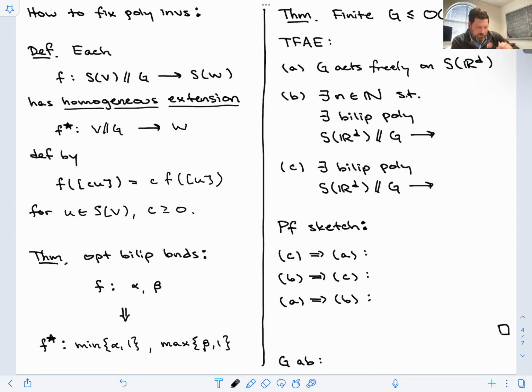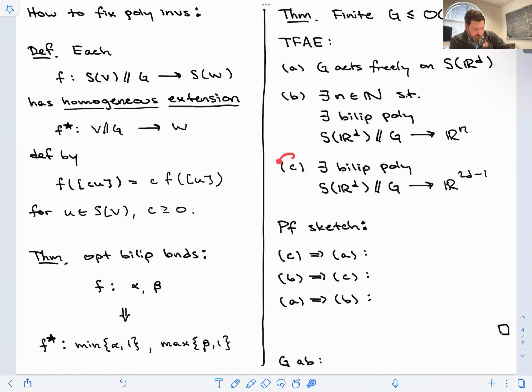B: if G acts freely, there's going to be an n for which there's a Bilipschitz polynomial that sends the sphere in Rd mod G to Rn. Okay, so there's some choice of n polynomials that act Bilipschitzly on the sphere. And C: you can actually take n to be 2d minus 1. Okay, these three statements are equivalent. And let me walk you through the idea of the proof.